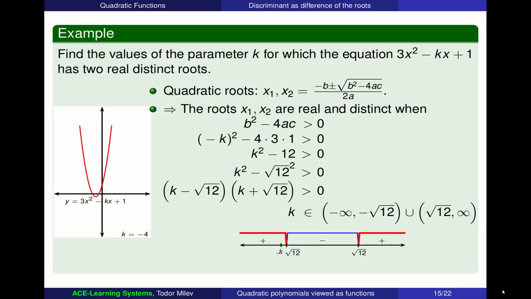And as I push k to be smaller than negative radical of 12, again, the graph of my function starts intersecting the x-axis. So this somehow gives us a neat geometric interpretation of the solution of our problem.